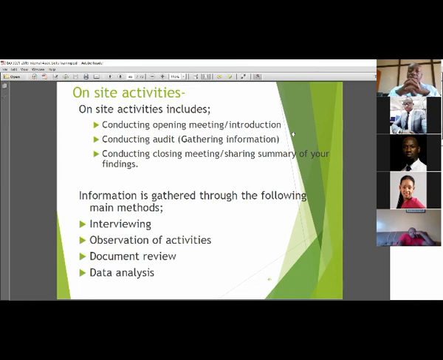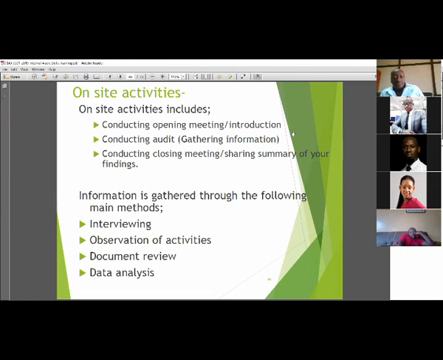Then conducting the audit, gathering information. There are many ways to do that. Then conducting a closing meeting, or sharing the summary of your findings. Don't just ask questions and disappear. The auditee feels comfortable. So when you share a summary, you know that at that time you have not written a report, but let the person know what to expect. Don't just close the door and disappear.